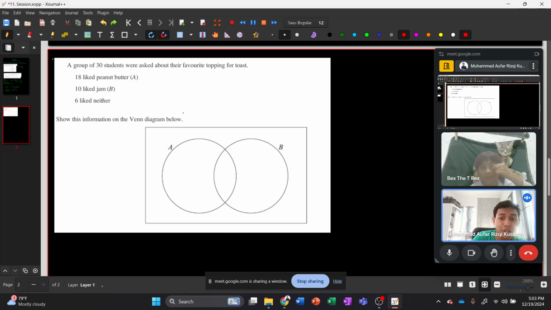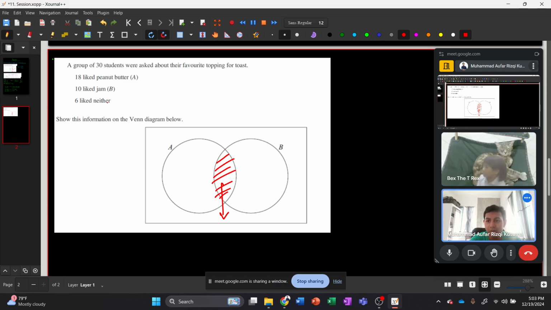So it could be in this region, right? You know the meaning of this region, the shaded area? What is the interpretation of the shaded area? It's a mix of A and B. Right.